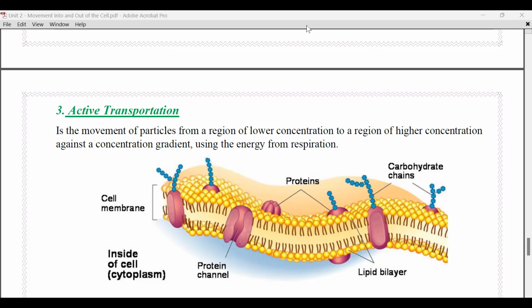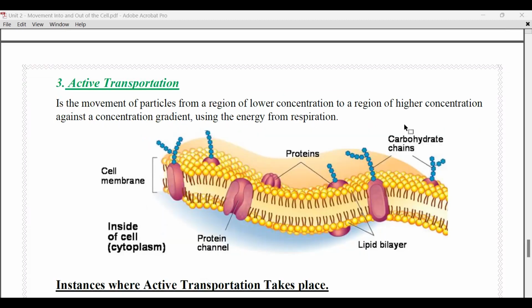So what we must notice here is that active transport is a completely different concept from diffusion and osmosis, because active transport occurs against a concentration gradient using energy from respiration, whereas both diffusion and osmosis occur down the concentration gradient naturally.